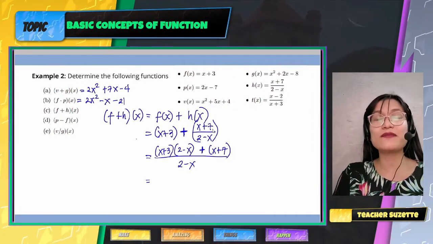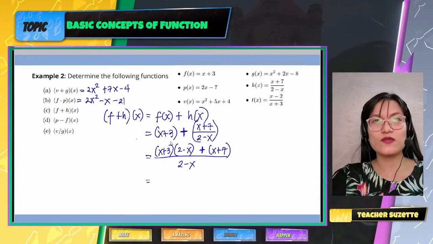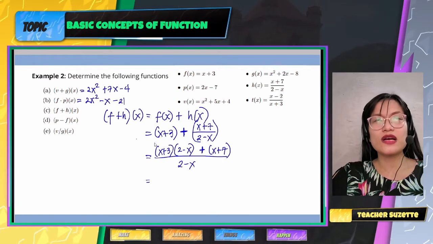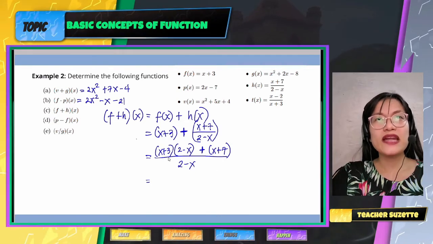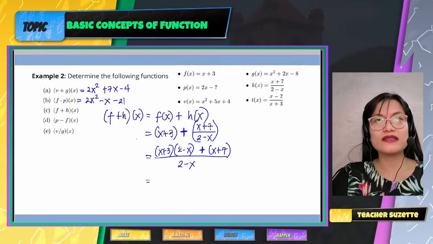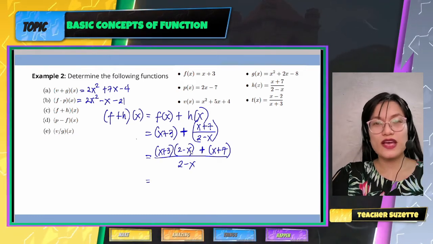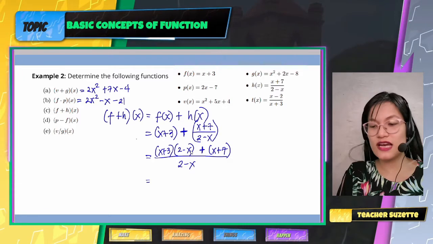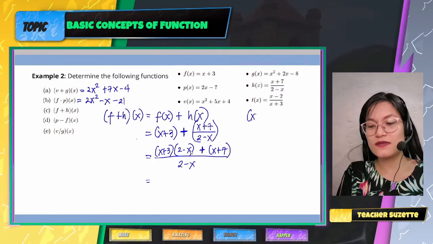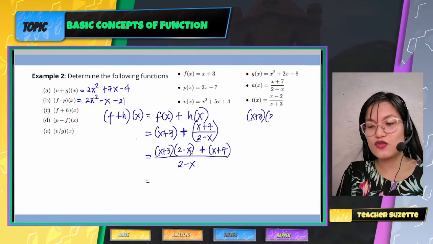So, let's now simplify our numerator first. For our numerator, we need to find the product of x plus 3 times 2 minus x. So, let's scratch it on the side: x plus 3 times 2 minus x.